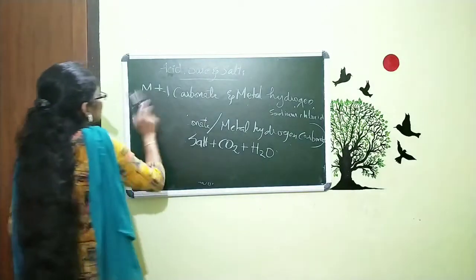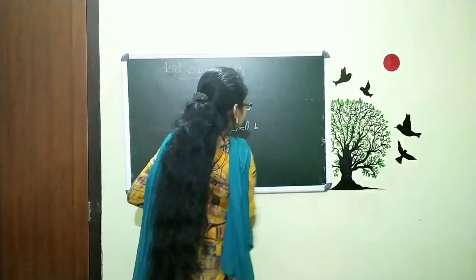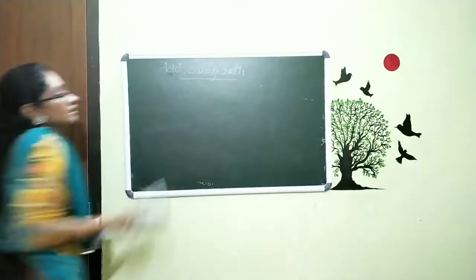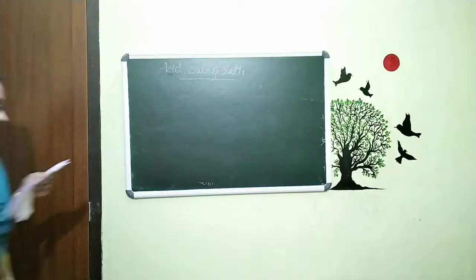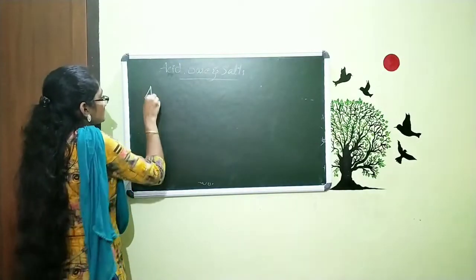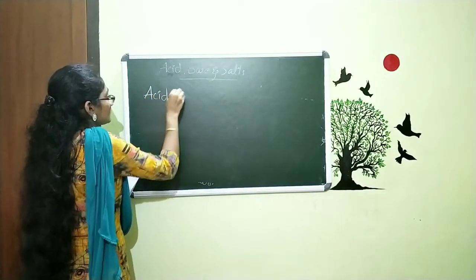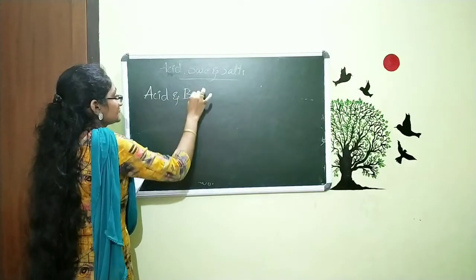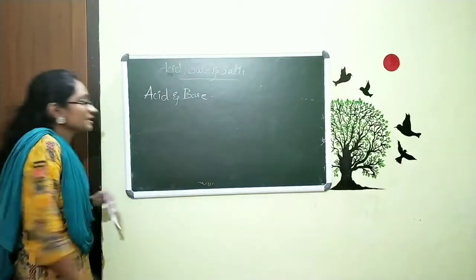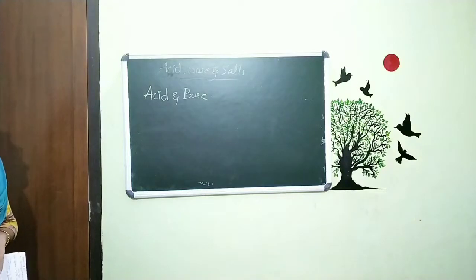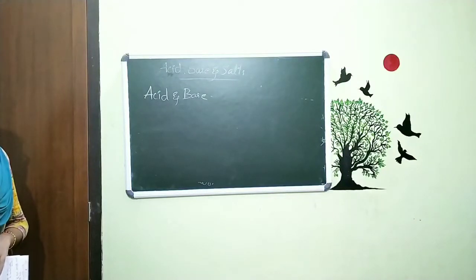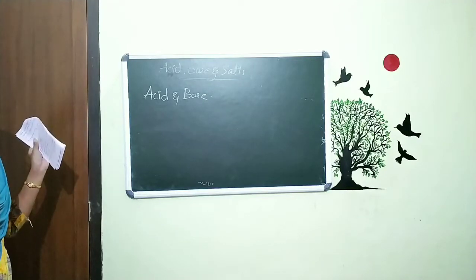Now we are going to discuss the reaction of acid and base. That means what happens when acid and base react together. We already discussed some of this in the last class also.